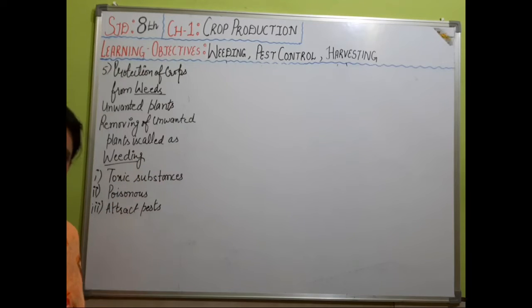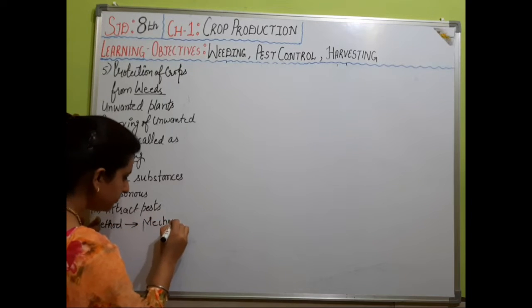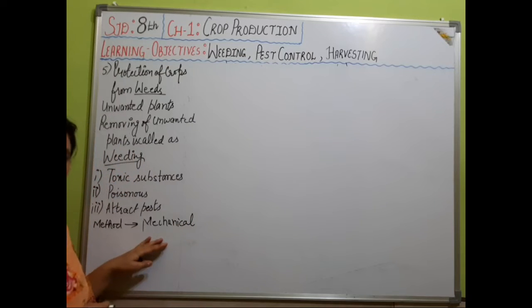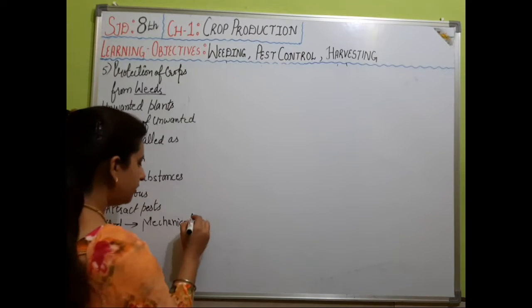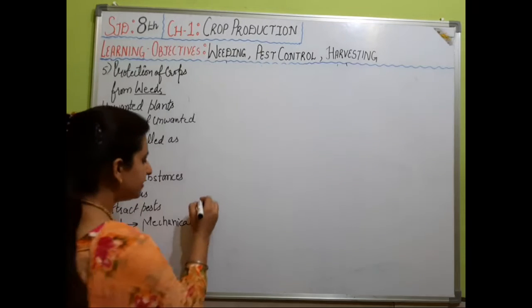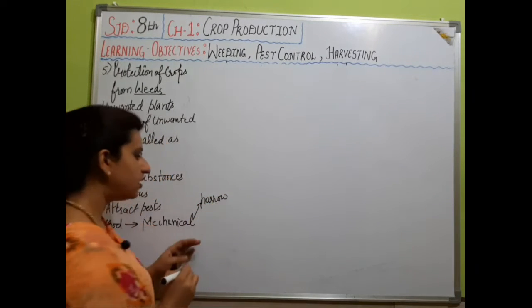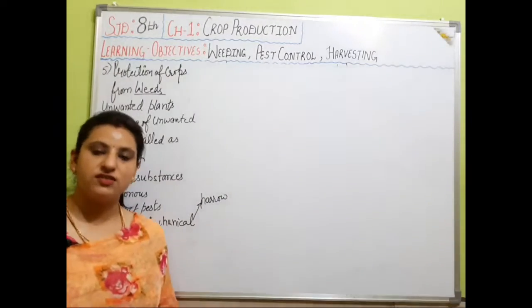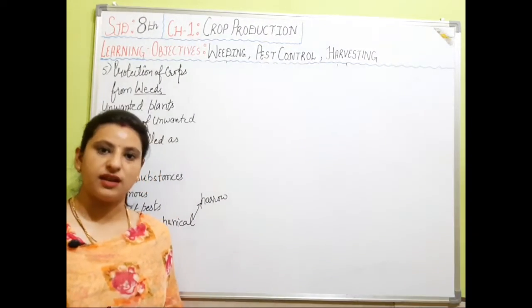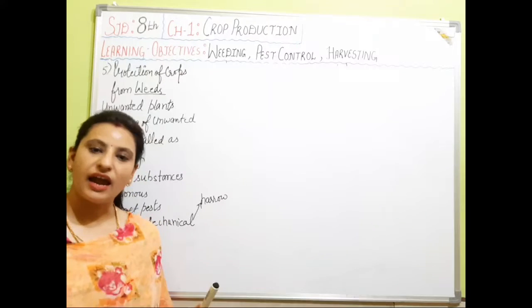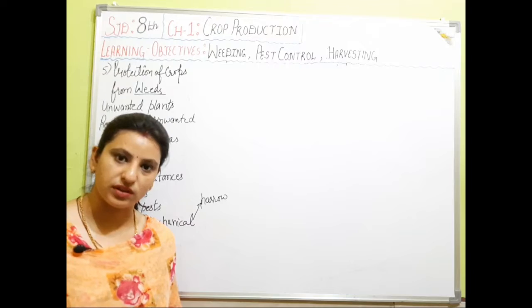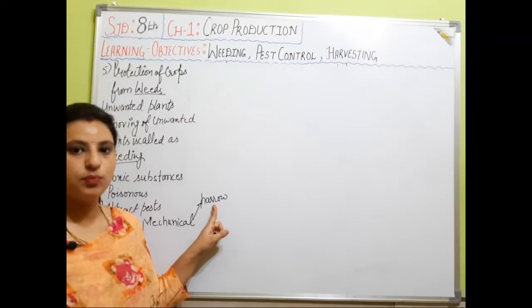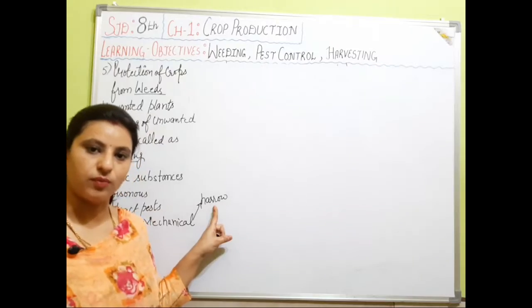So what are the methods used for weeding? The first method is the mechanical method, in which we use very simple implements. The first implement is the harrow, which is used when we are just going to sow the seed and the field is almost empty; if any unwanted weed is present, with the help of the harrow we will uproot that weed from the soil.